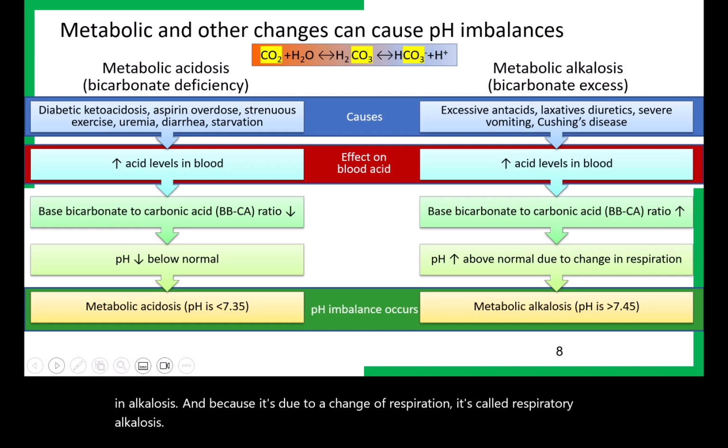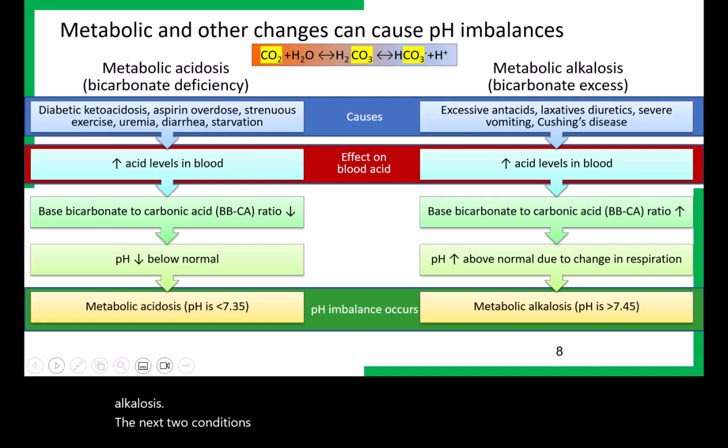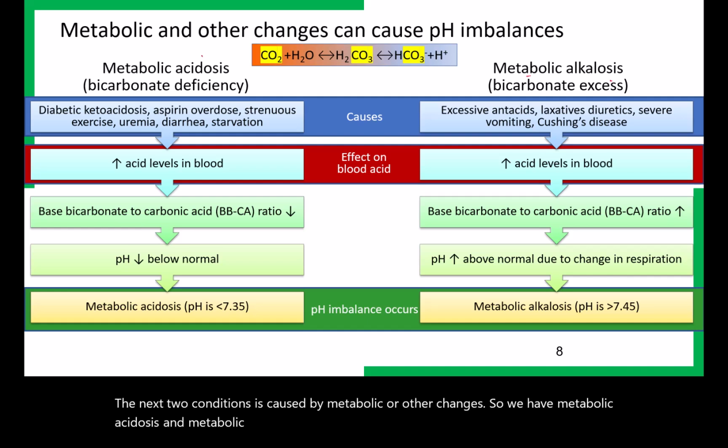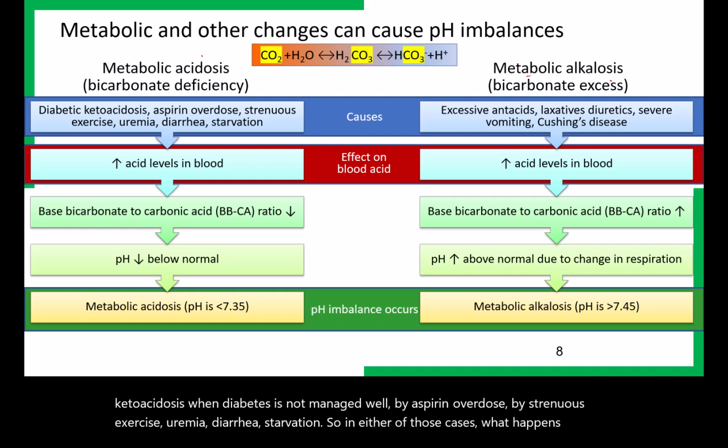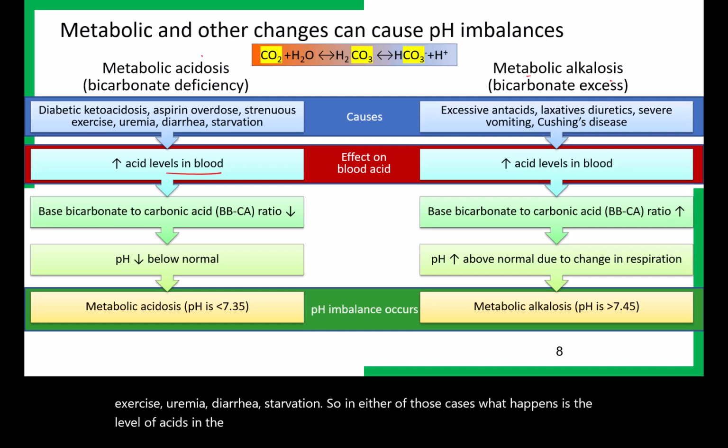The next two conditions are caused by metabolic or other changes. So we have metabolic acidosis and metabolic alkalosis. So metabolic acidosis can be caused by diabetic ketoacidosis when diabetes is not managed well, by aspirin overdose, by strenuous exercise, uremia, diarrhea, starvation. So in any of those cases, what happens is the level of acids in the blood can increase.